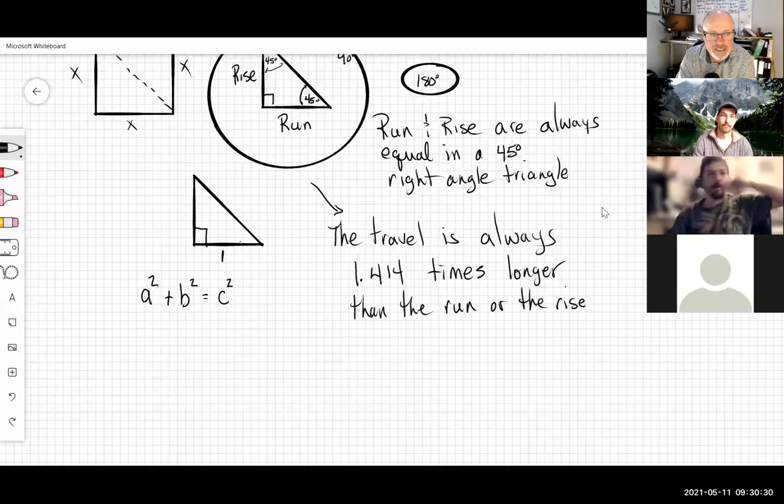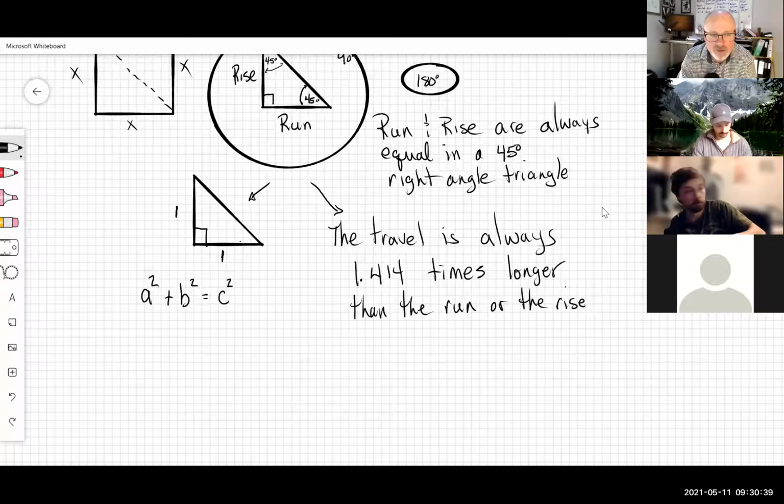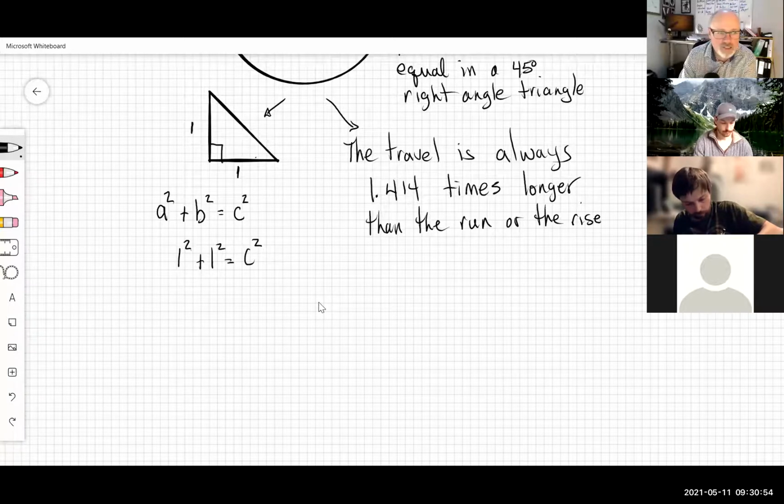So if I said this was 1 and this was 1, then we could calculate the travel or the hypotenuse using Pythagorean theorem. And so that would be 1 squared plus 1 squared is equal to c squared. As you know, 1 squared is equal to 1. So 2 is equal to c squared.